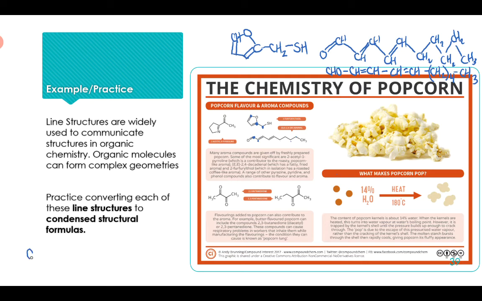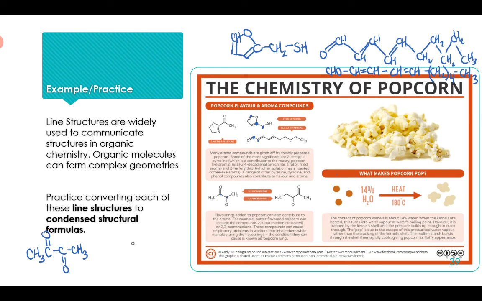So for our first one, we have CH3, and that goes to a C with an O bonded to it, so I can just write it like that. And then that's bonded to another C that's bonded to an O, which is bonded to a CH3. Each carbon already has 4 lines coming off of it, so there's no hydrogens on those 2 carbons.